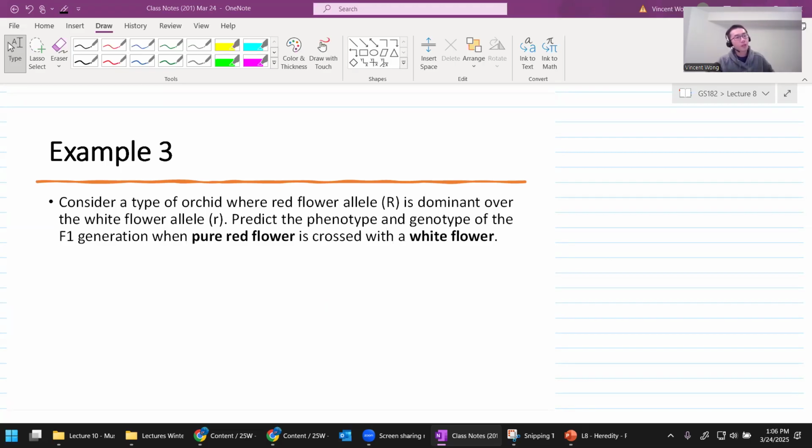Okay, finish the question. Figure out the F1 generation.